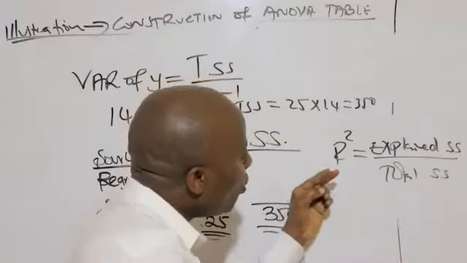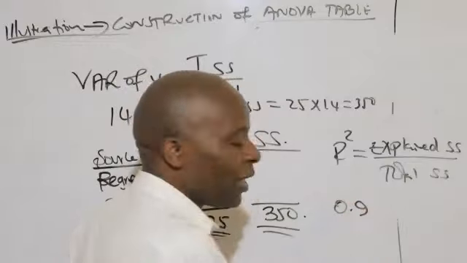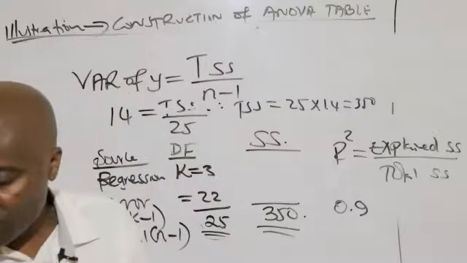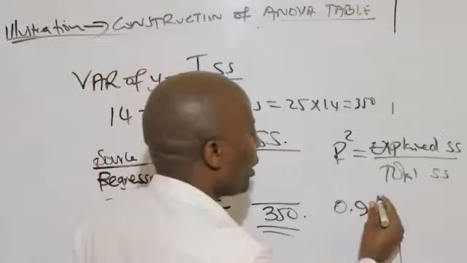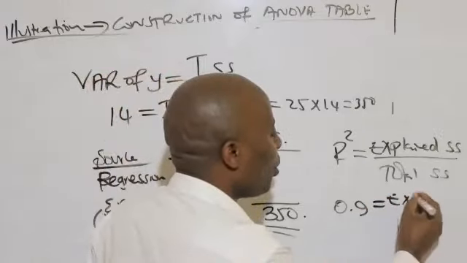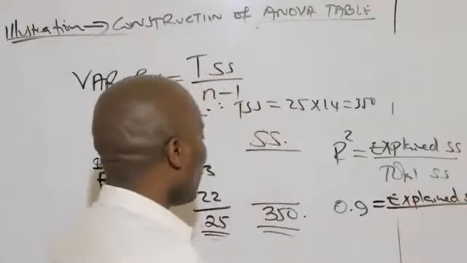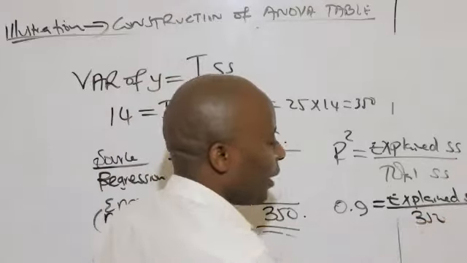And the R squared given up there, ladies and gentlemen, if my memory serves me right, is 0.9, which will be equal to the explained SS that I don't know, all over the total SS. The total sum of squares is 350.